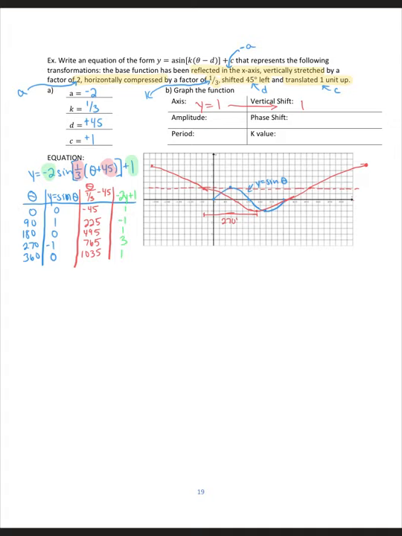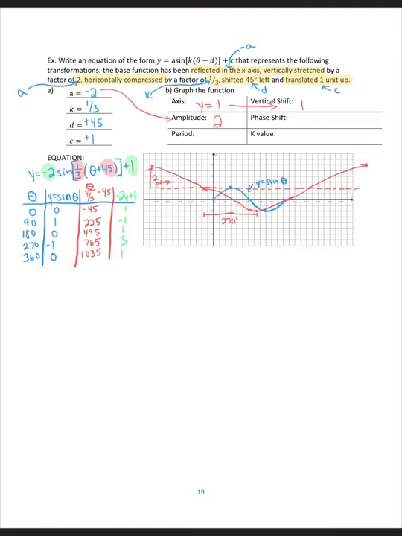Our amplitude, again, we can go from our axis up to our maximum and see that that's 2. So that's our amplitude. Or we can look at our equation, and our A value also tells us our amplitude. Right? So our A value tells us our amplitude. Our phase shift is how much we had to shift that sine function to where the transform function starts.